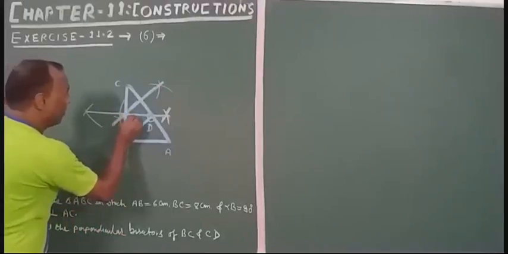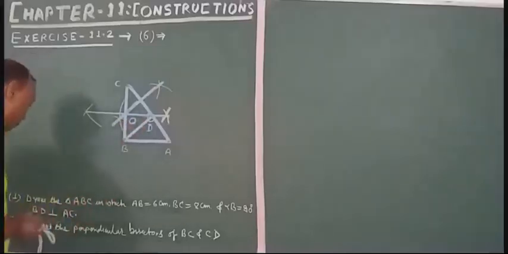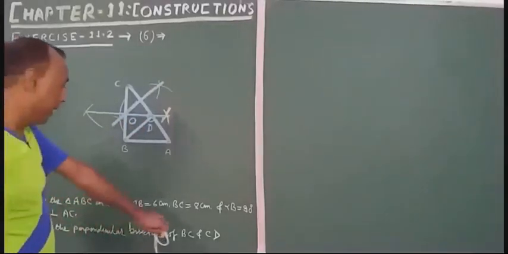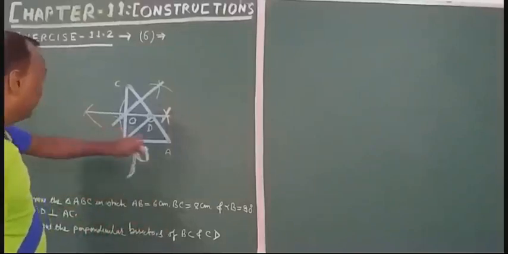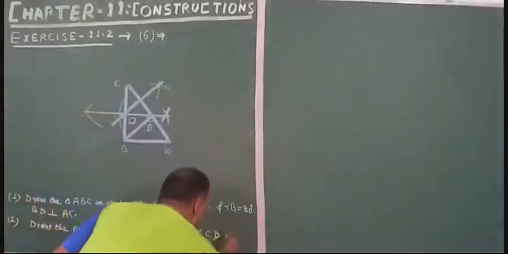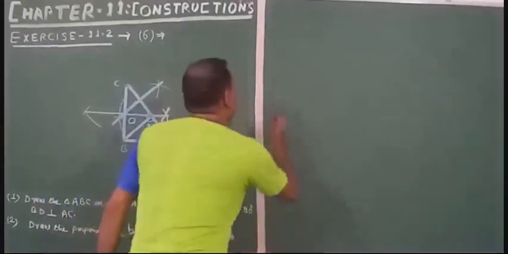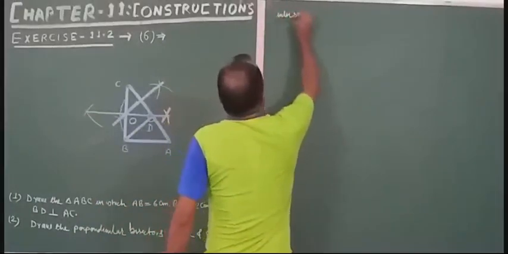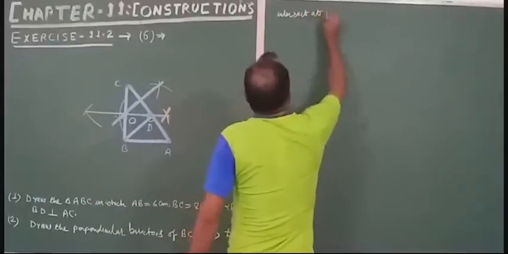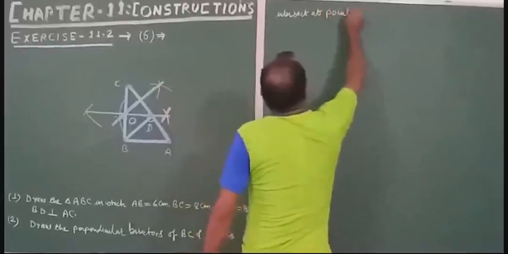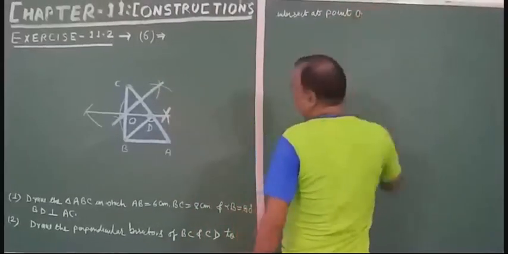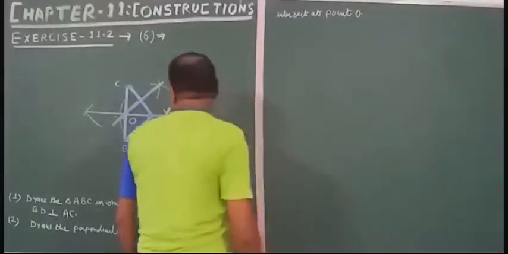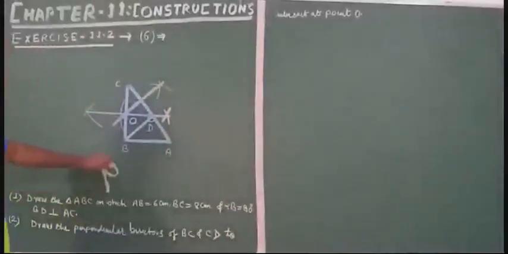Suppose this is the point O. To draw the perpendicular bisectors of BC and CD to intersect at point O. This O is the center for this circle which will pass through B, C and D.